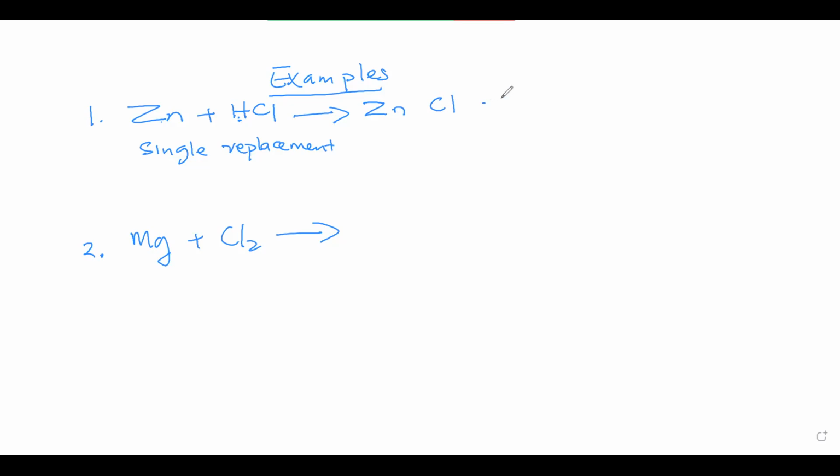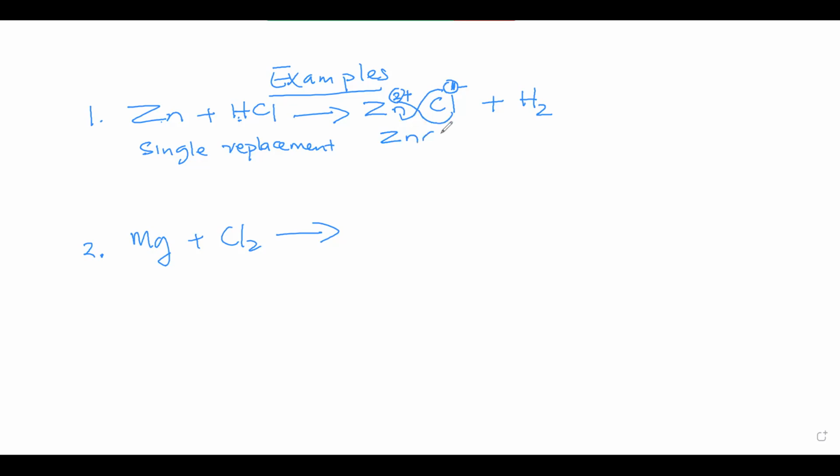Then hydrogen is kicked out, and hydrogen cannot exist as a single atom. It has to be H2. So now you're applying everything we've been learning. How do you write the formula for this? The cation for zinc is a transition metal, but it can only form one type of cation. And the anion chloride is like that. These charges are not equal, so you do the crisscross.